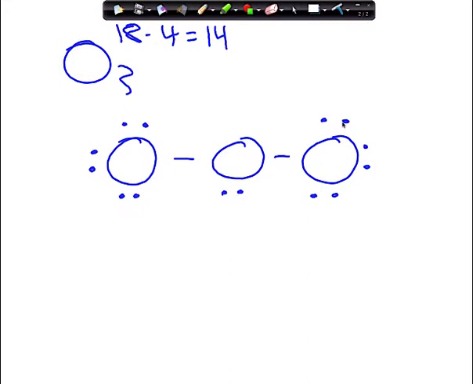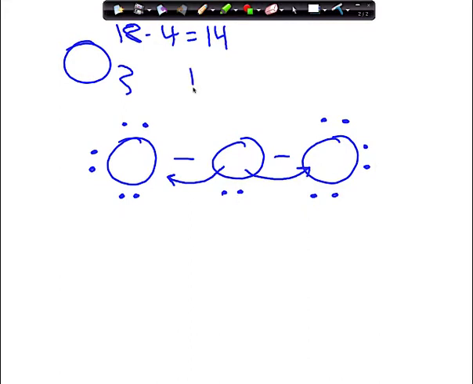Sure. So which one does it do? And the answer is both. Guys, what happens is this oxygen double bonds partially in both directions at the same time. And there's a name for this. This is what is called delocalized pi bonding.